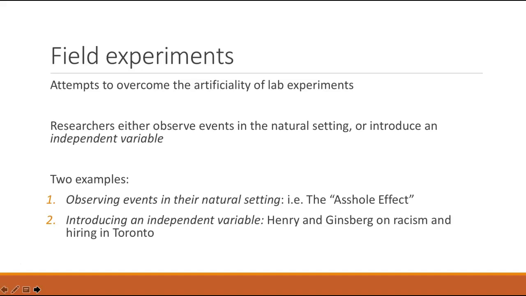For this study, they put together two groups of equally qualified job applicants, whose only difference was their racial background. Then they sent both groups out to apply for the same jobs. Not surprisingly, they found that the race of the applicant, in other words, the independent variable, had a significant impact on the dependent variable, their chances of getting hired.